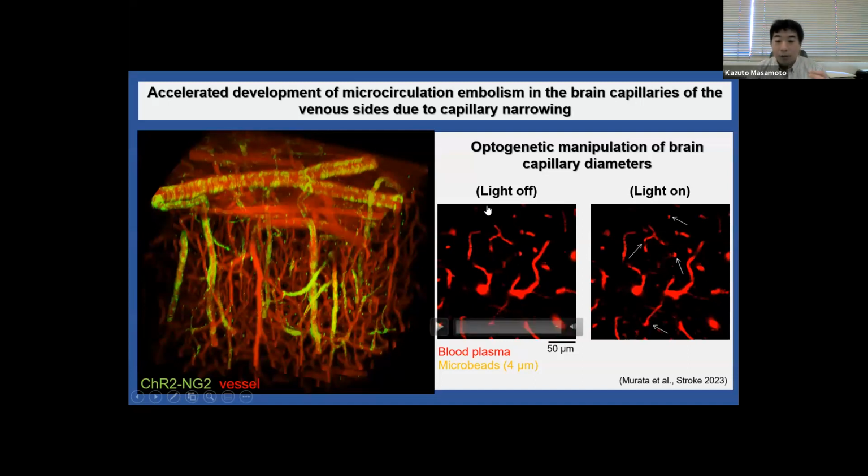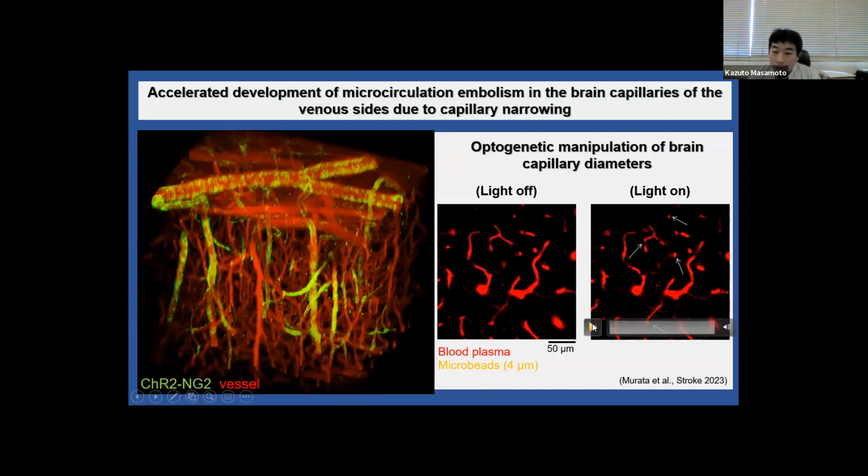And if we stimulate these capillaries with blue light, here is light off and here light on at the same location, and we inject microbeads intravenously. Under normal conditions, you see that all capillaries are perfused with the 4 micrometer diameter microbeads.